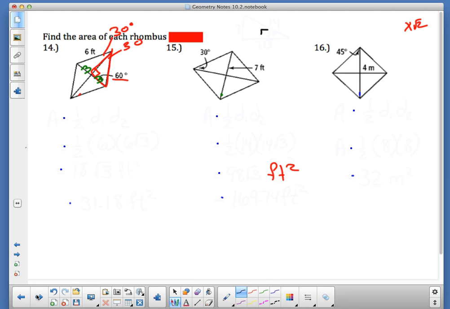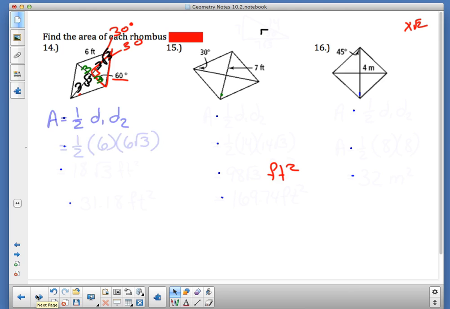Because I've got the longer leg opposite the 60-degree angle, I've got 3 square root of 3 and 3 square root of 3. I add those two 3 square root of 3's together as if it was 3x and 3x. So it becomes 6 square root of 3 times 3 plus 3, which is another 6. Okay, so I got that going on.